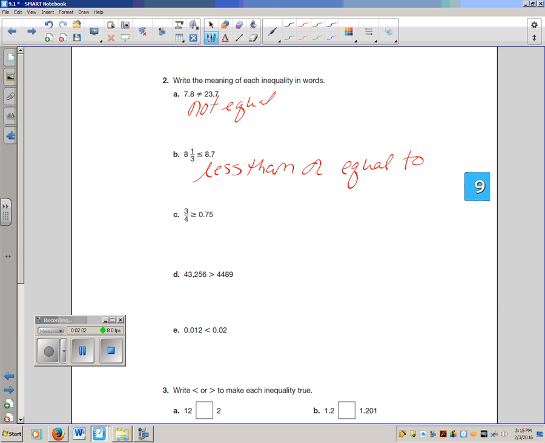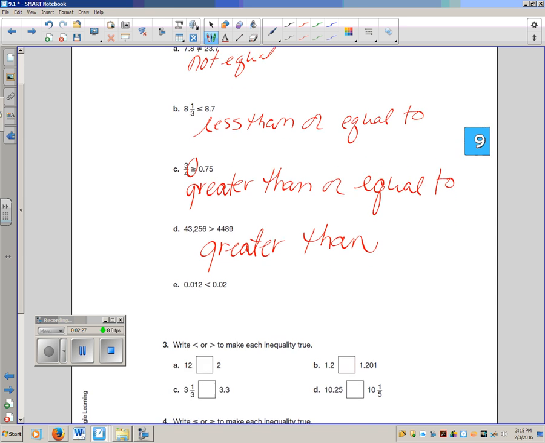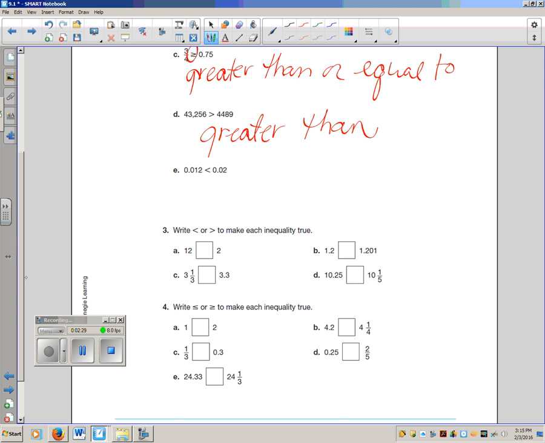C, 3/4 is greater than or equal to. D, no line underneath, so that is greater than. Just practicing reading these symbols. And E, no line underneath, so that is less than.